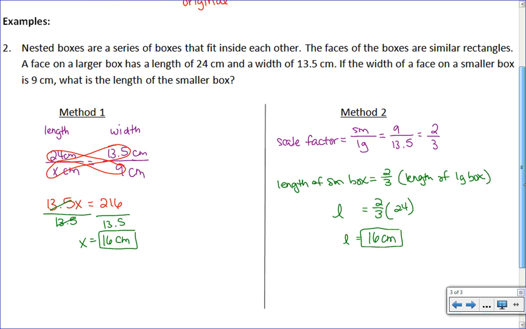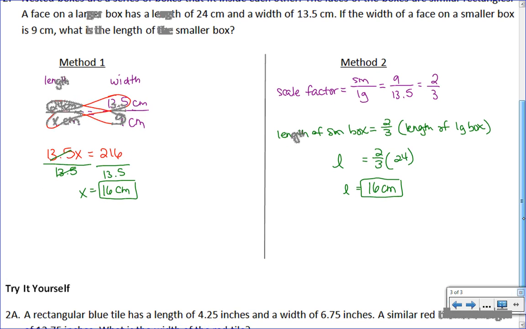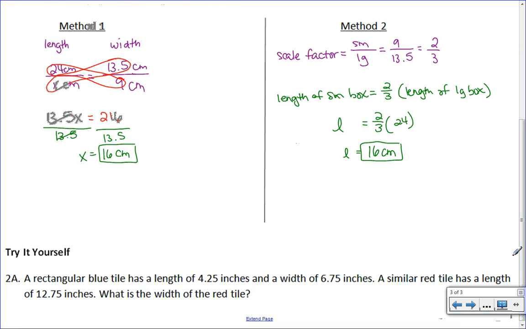Okay. So on the try it yourself problem, you don't have to use both methods, but it might not be a bad idea just to make sure you get the same answer both ways, and also just to make sure that you can actually work with the scale factor method, because there will be some problems where you need to understand scale factor and you need to be able to use it correctly.